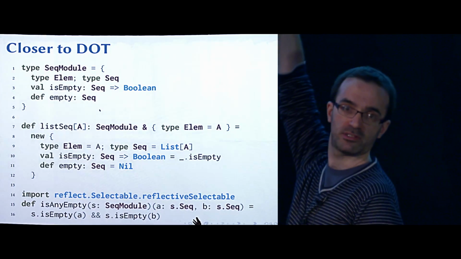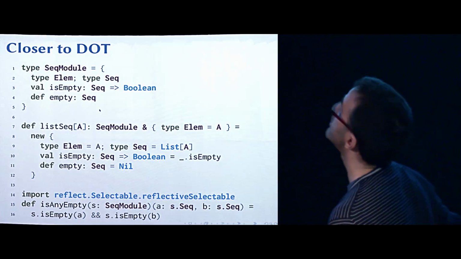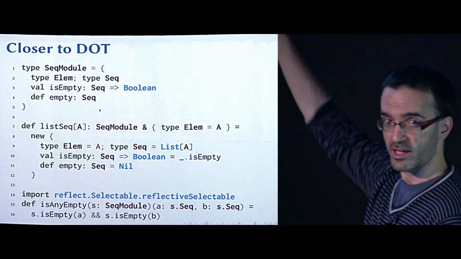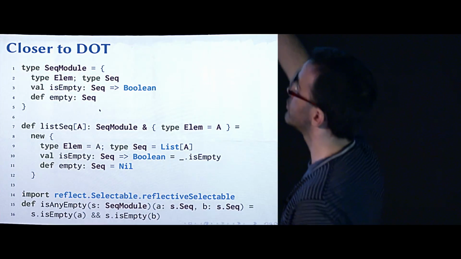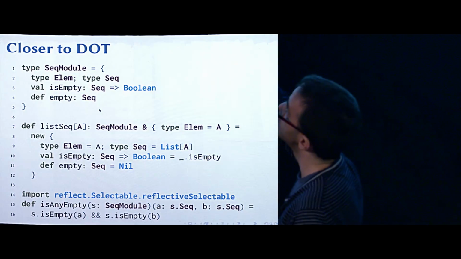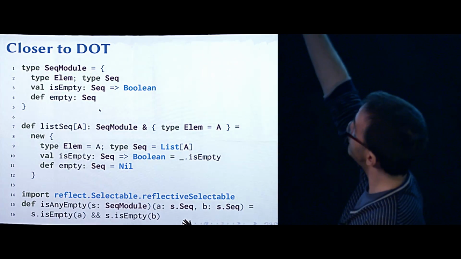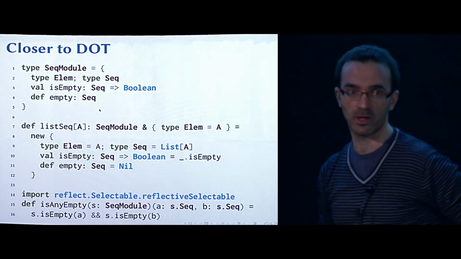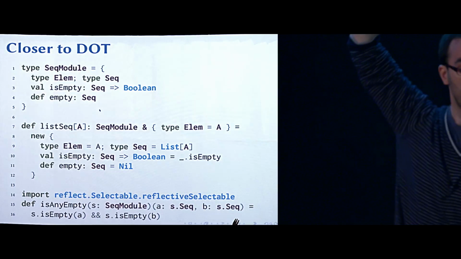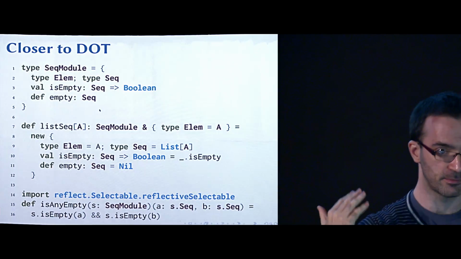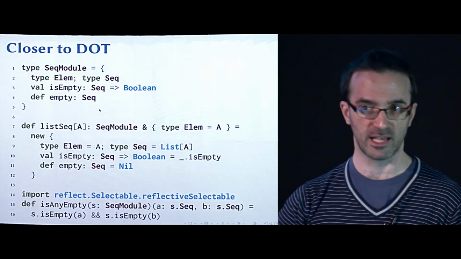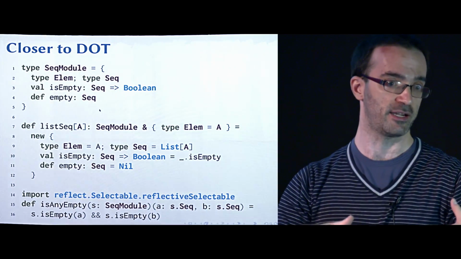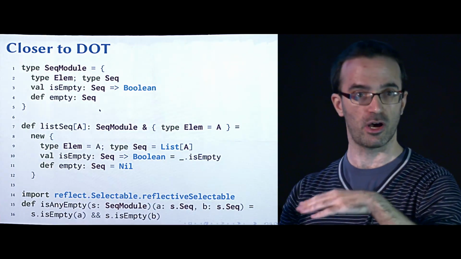The body is in fact basically the same. And we do not have inheritance. So to implement this trait, we're going to write a method which creates a new object and which defines everything from scratch. So if we had something that we inherited from a superclass or from a trait, in Dot we would have to copy the implementation we used to inherit, because Dot does not model inheritance.